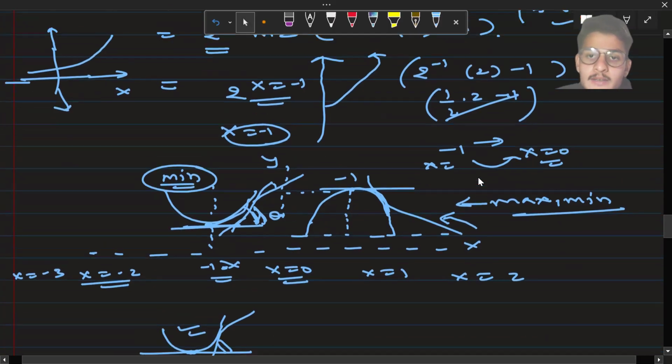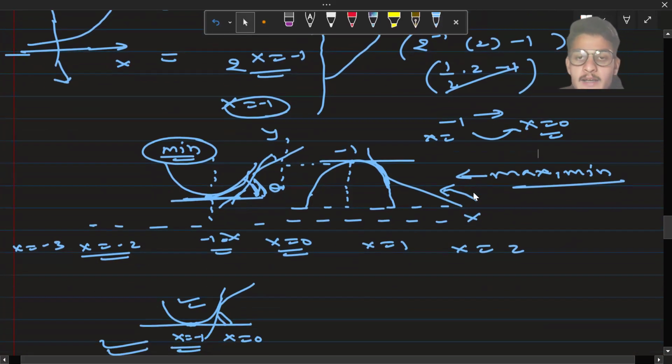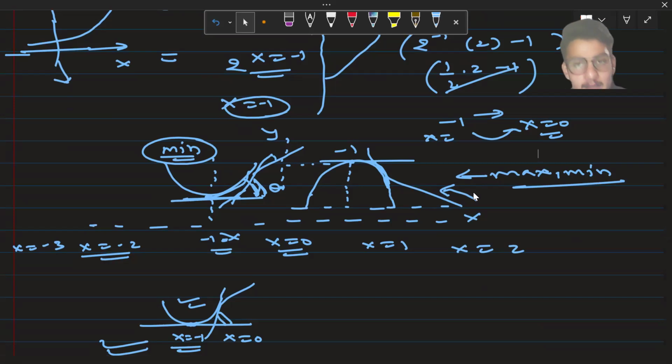If at an x value greater than the point where the slope is 0, the slope is positive, then it is a minimum point.